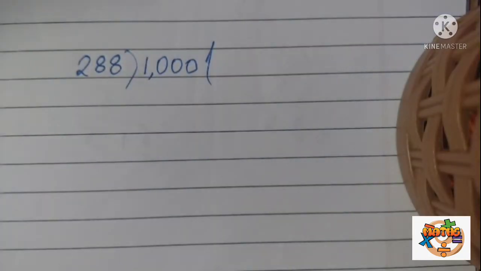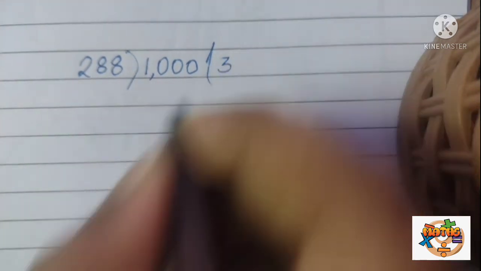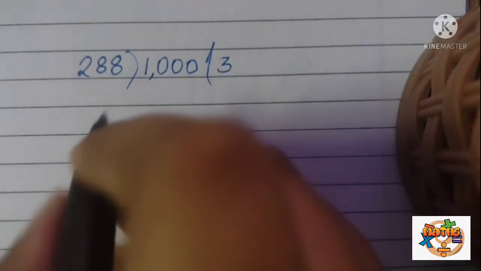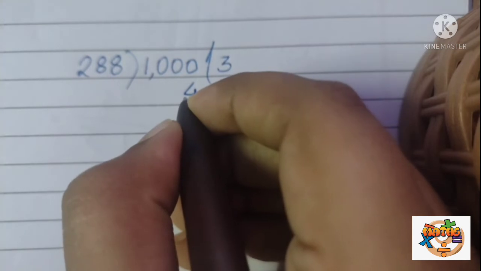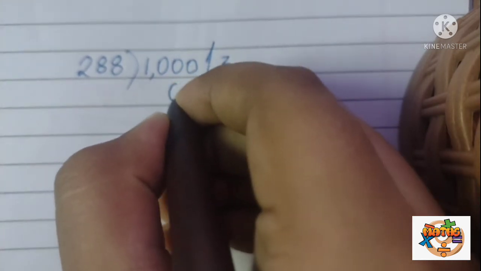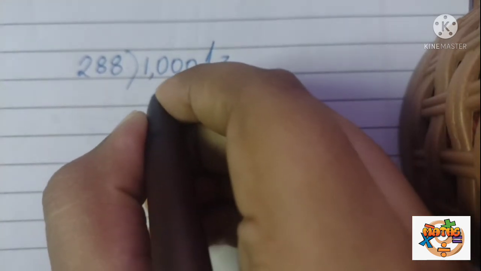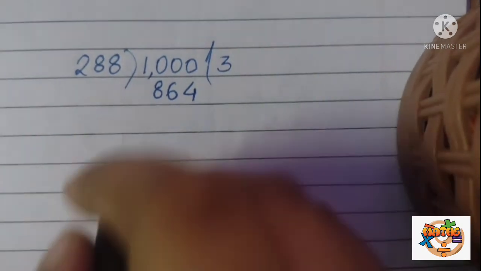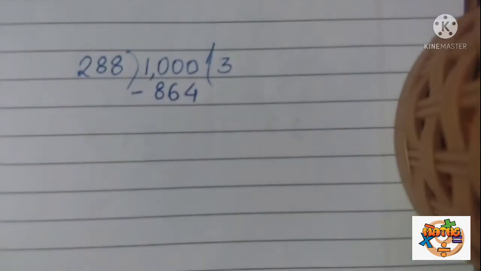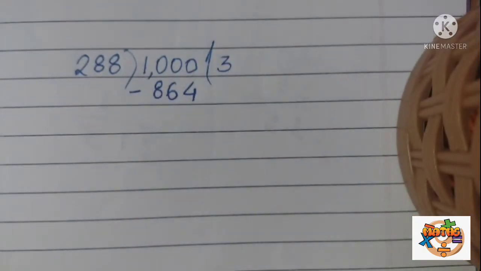We will multiply 288 with 3. 864 is our product.